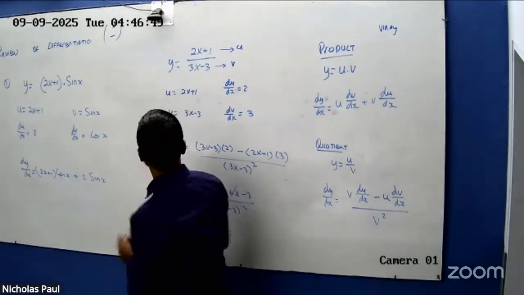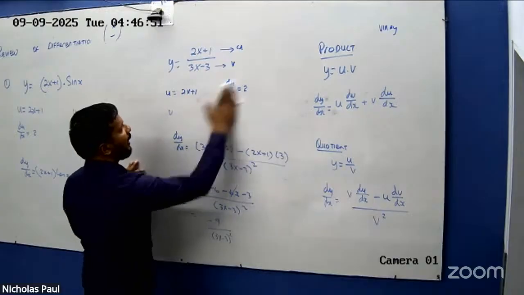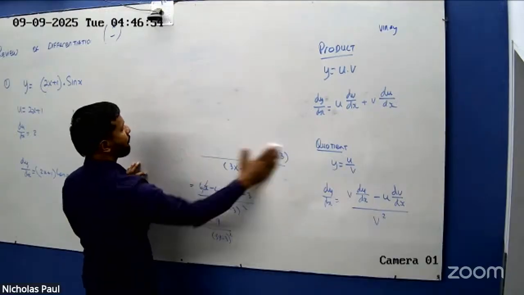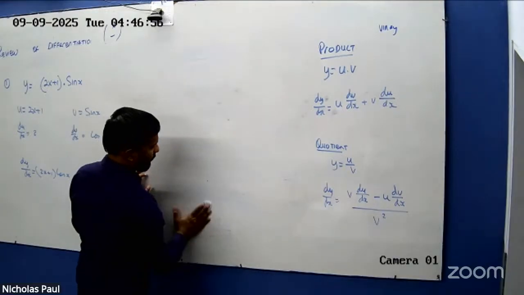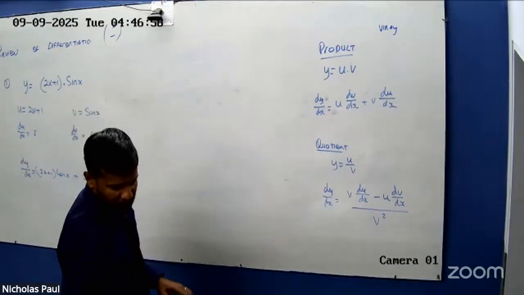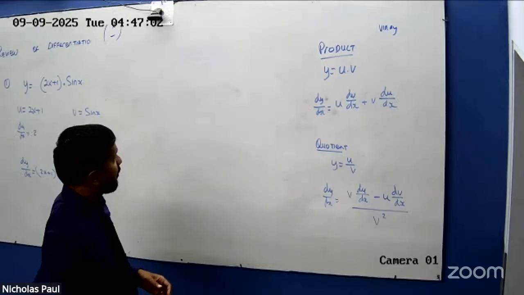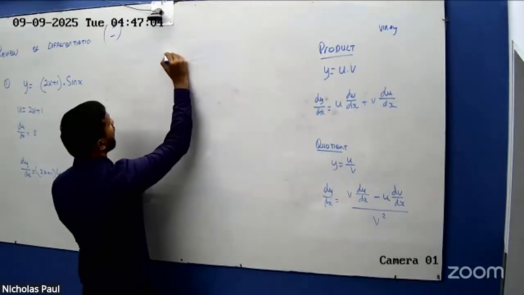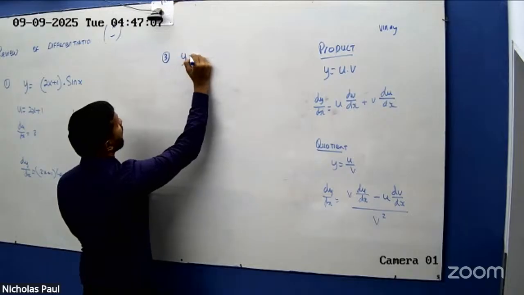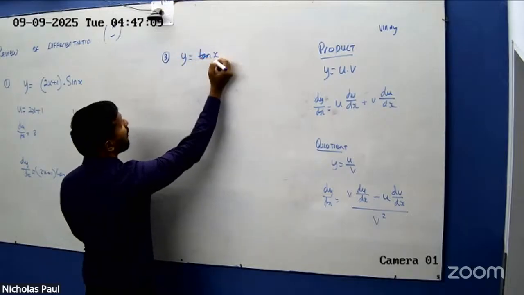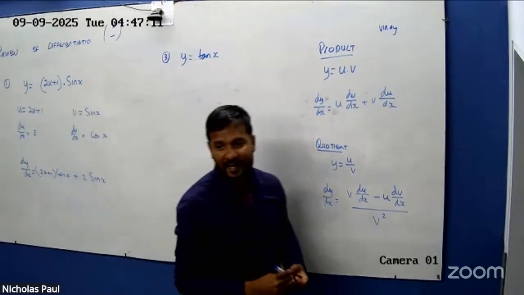I'll take this one here. I'll leave this formula here, right? Differentiate tan x.